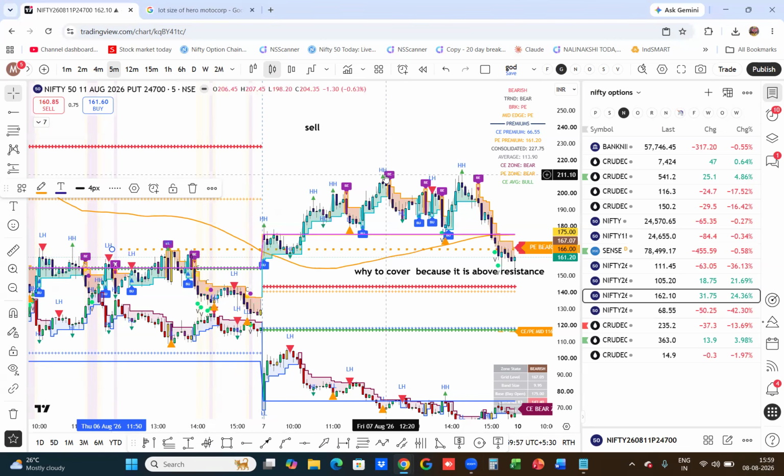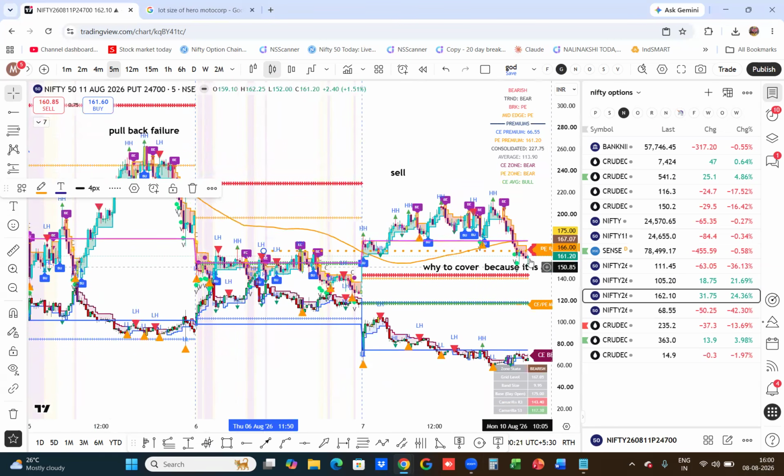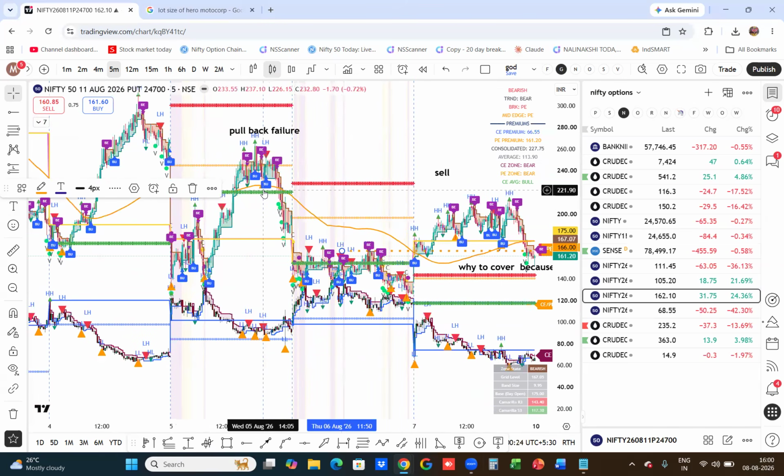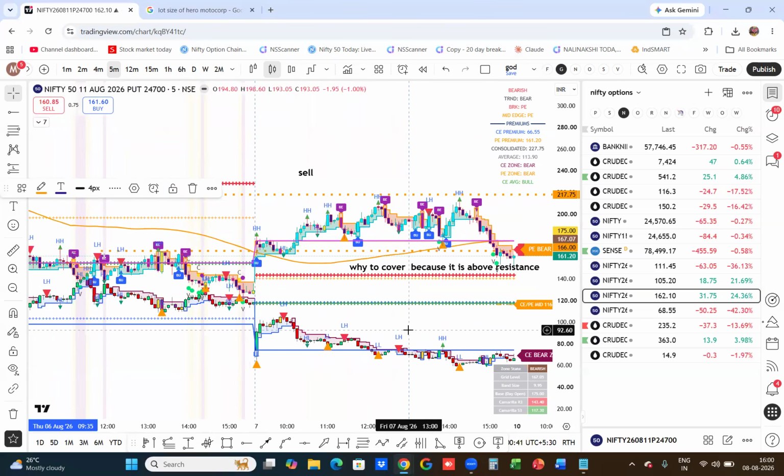Remember, that is the premium area of 24,500. And it enters the S3 where it had broken down, and this is the R3 of the previous to previous. See, so beautiful. This is the S3 and it is the R3 of this one, and you are booking your profits. You get a lot of confirmation, a lot of idea where to book profits, when to enter, which premium to enter. With that, you can trade better.